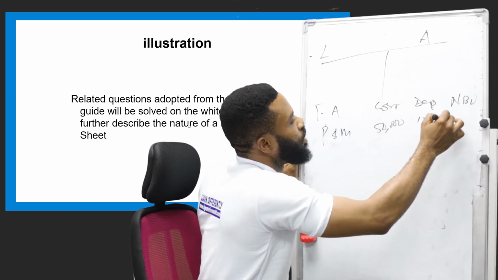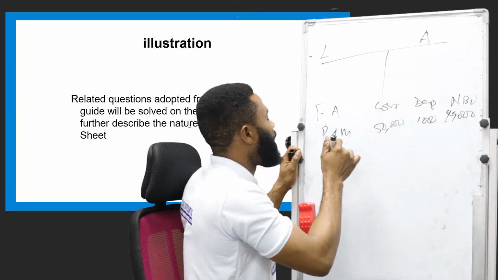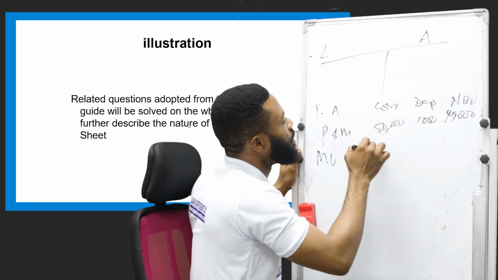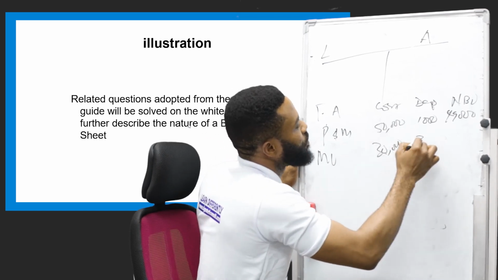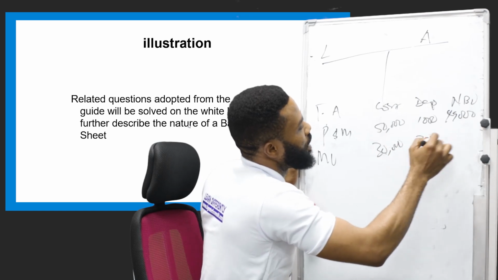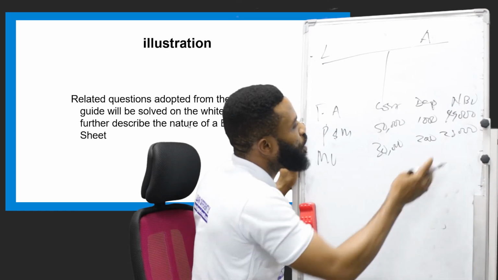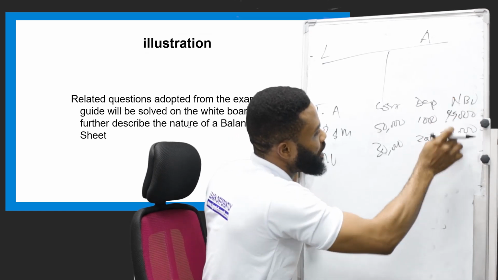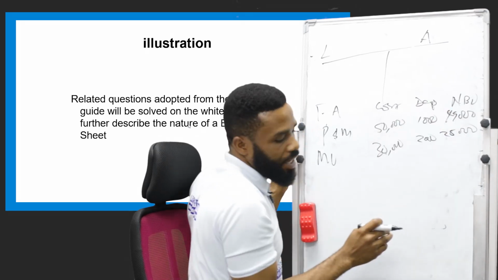You have 49,000. And then let's assume motor vehicle is 30,000. Let's assume the depreciation is 2,000. If you subtract this from this, you have 28,000. When you add all of this together, 28 plus 49.